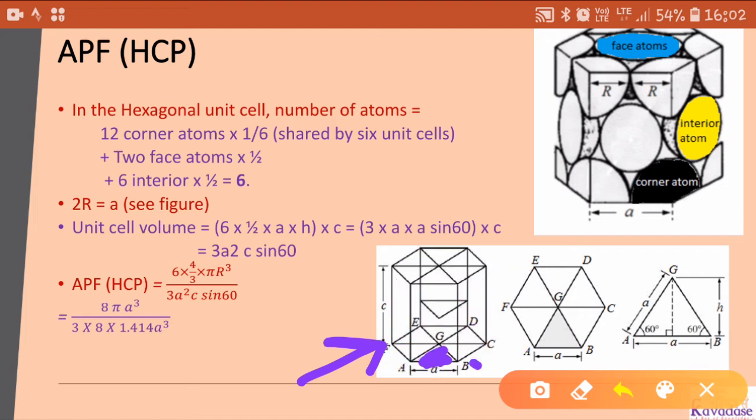First, we will calculate the area of this triangle, then multiply with 6, and then multiply with this C. So we have done the same here.